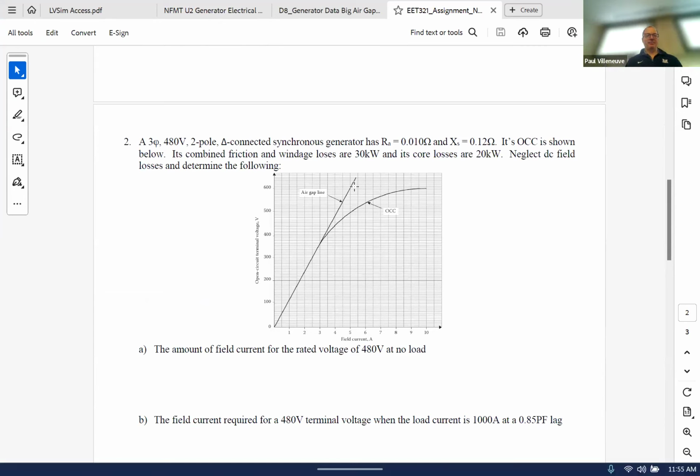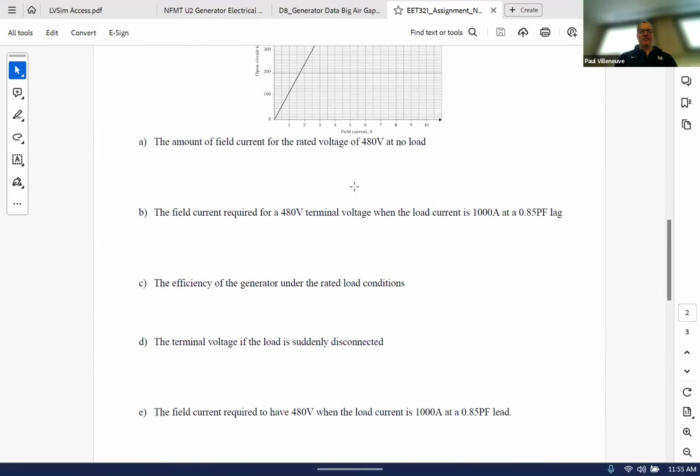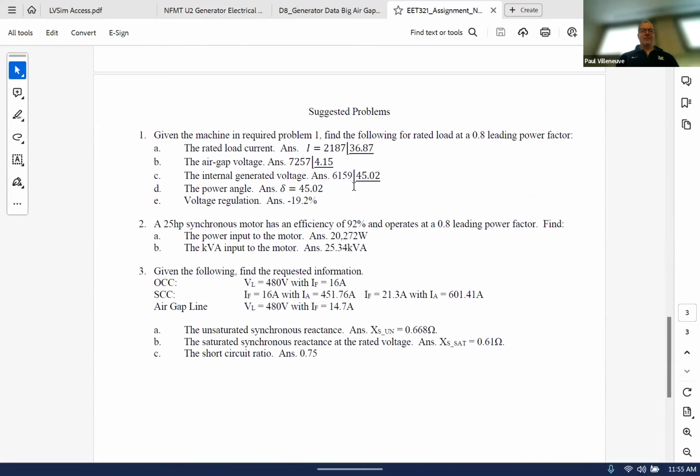Some data. And I gave you some suggested problems. And for this problem over here, I even gave you something to think about: you actually have to calculate, but I didn't give you a graph. I just gave you a bunch of parameters to work with.